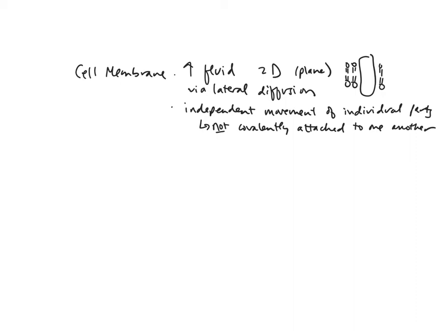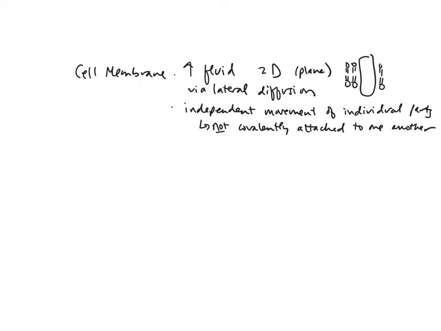If there is a random distribution and no restrictions, then a membrane protein could completely move across the entire length of the cell membrane, that whole perimeter, within 40 minutes for a typical animal cell. That's a huge amount of movement.